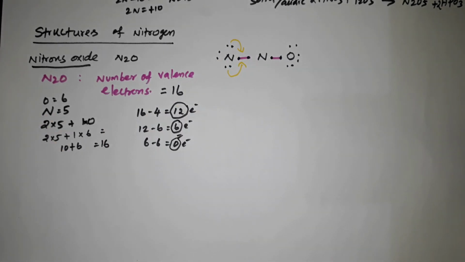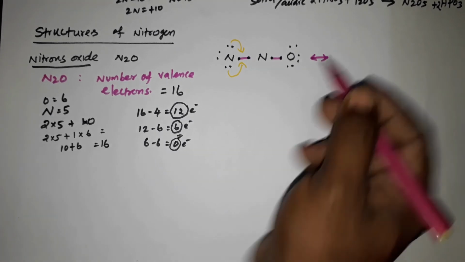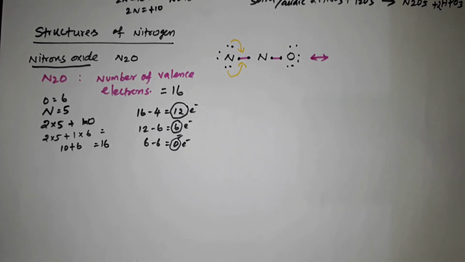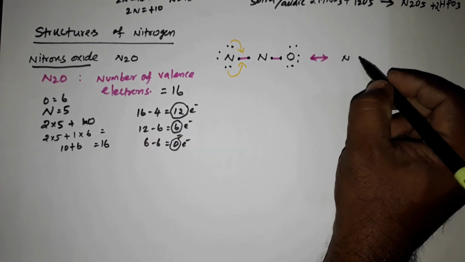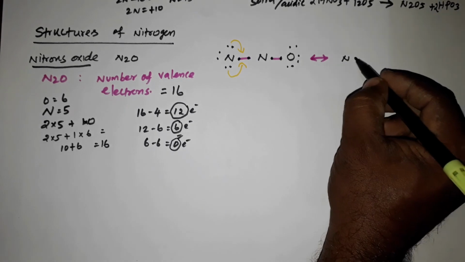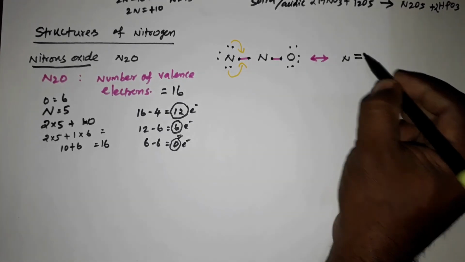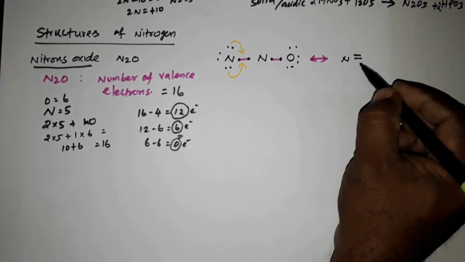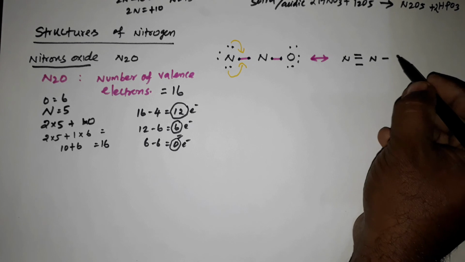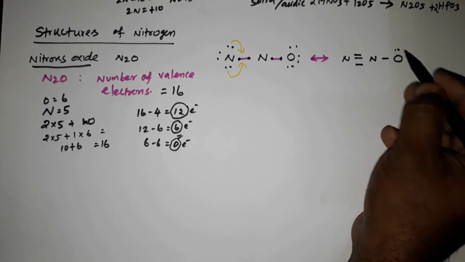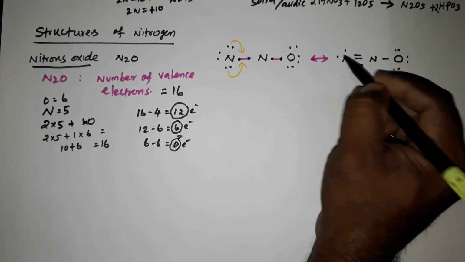So what will happen? See, it is a resonance structure. So it will come nitrogen. So here in the middle already one bond is there. Then this lone pair will be converted to bond pair. Here also this lone pair converted to bond pair. Then nitrogen, then oxygen. Here 2, 4, 6. Here 2 electrons are remaining.